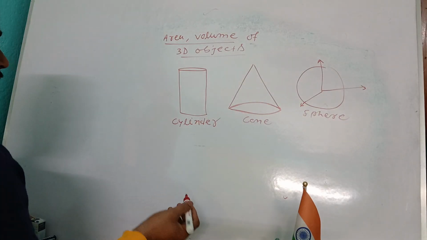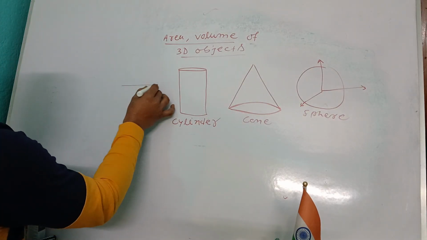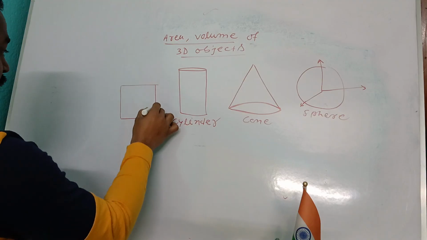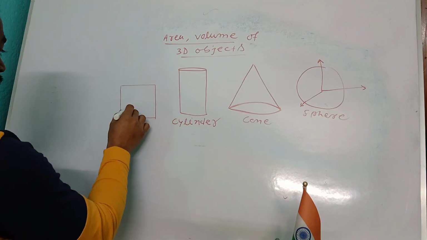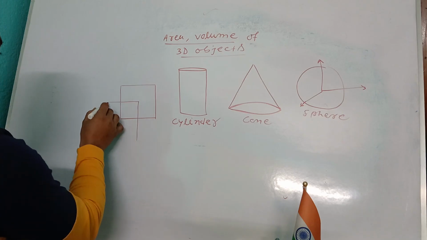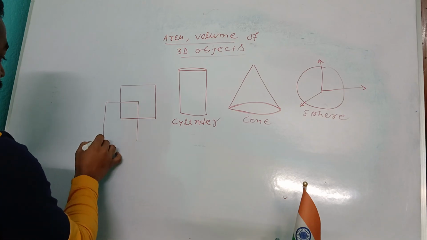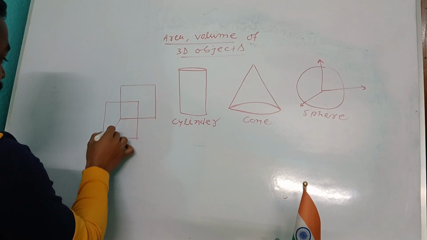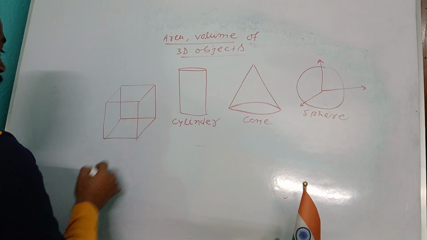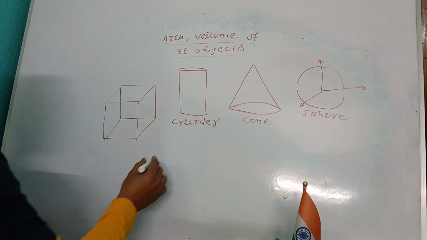And then we have one cube, this cubical shape. And then we have the cuboid also.